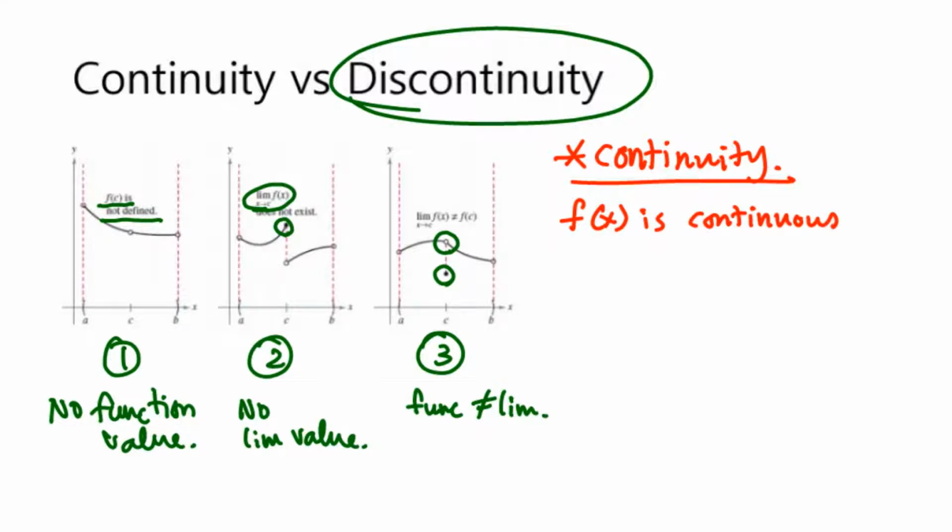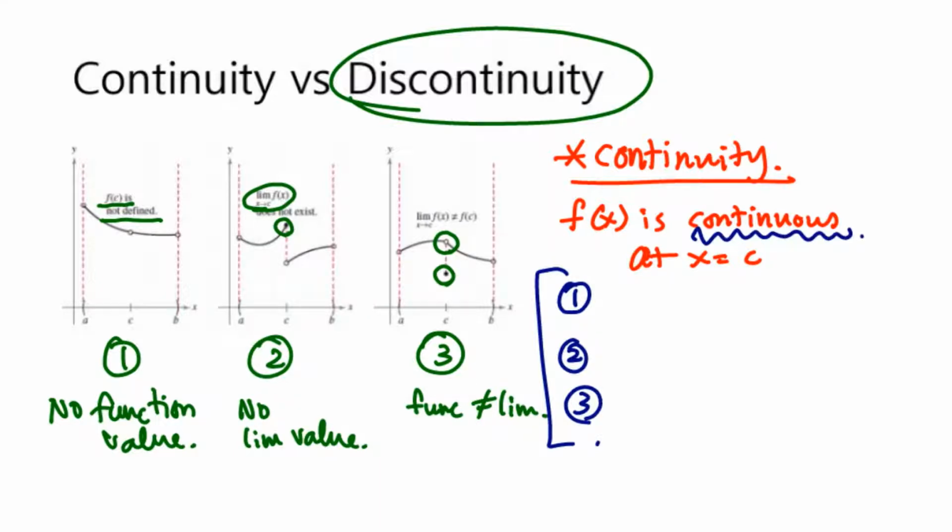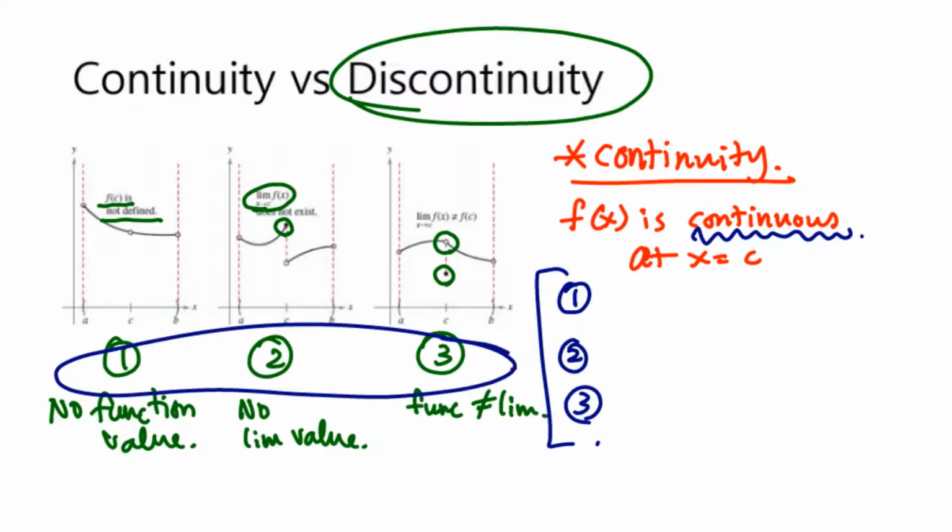There are three different conditions. When the function is continuous, that means it does not have the discontinuity. Number one, there is a function value.